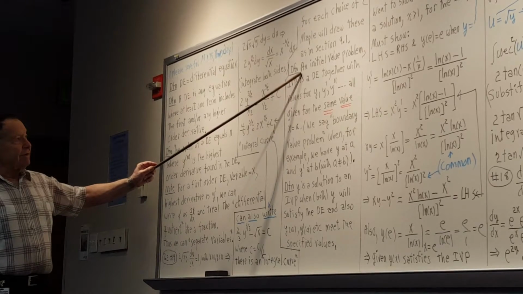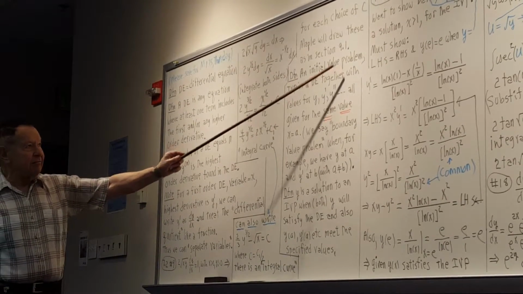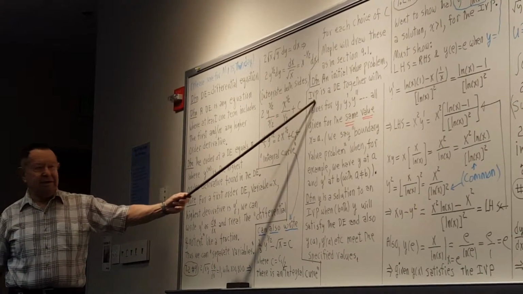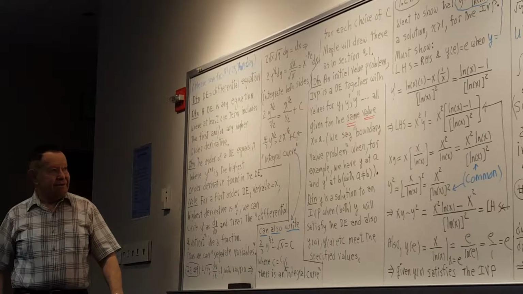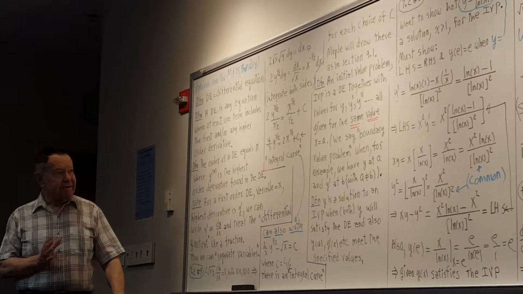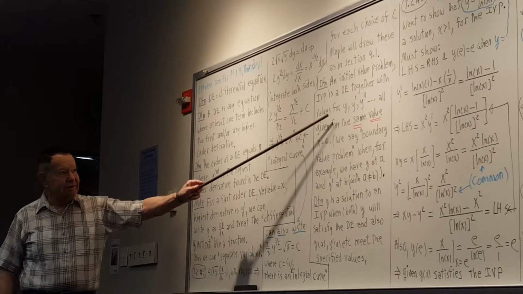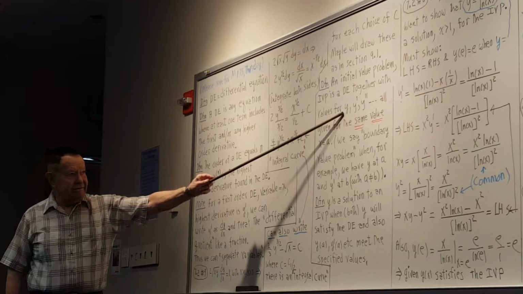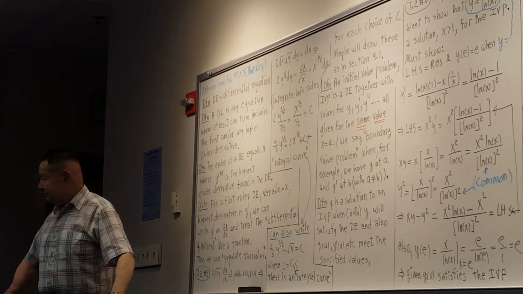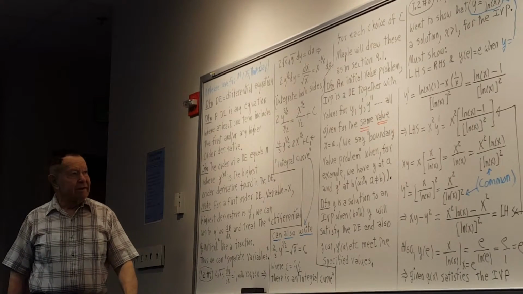So then we have the concept of an initial value problem, and so that's I, V, P. So that's more than just a differential equation. You have a differential equation, and then you have values for the function y and all of the derivatives that would appear in the problem.